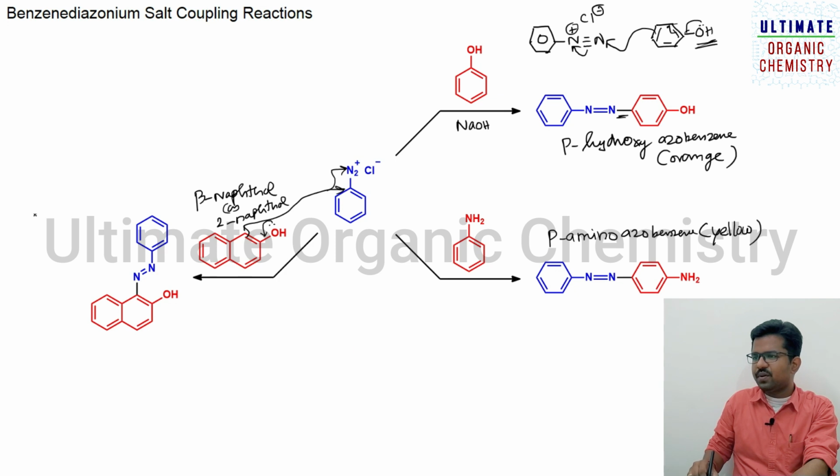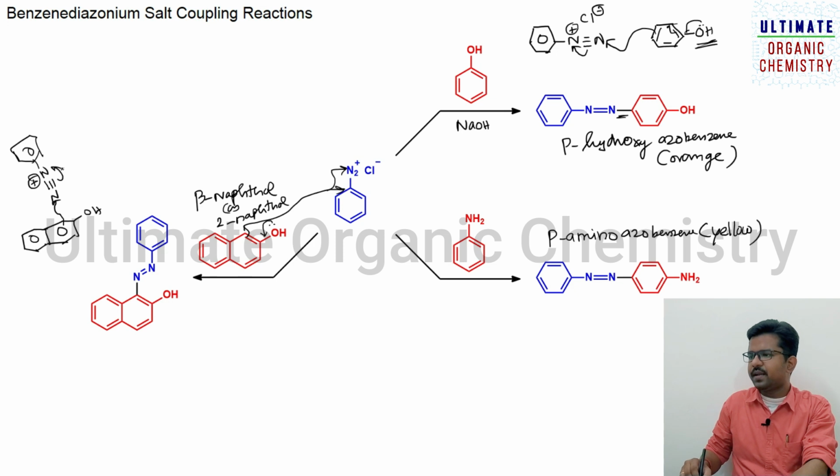The same concept only. This electron will attack here, and it will shift towards this nitrogen atom, and the color of this azo dye will be scarlet red.